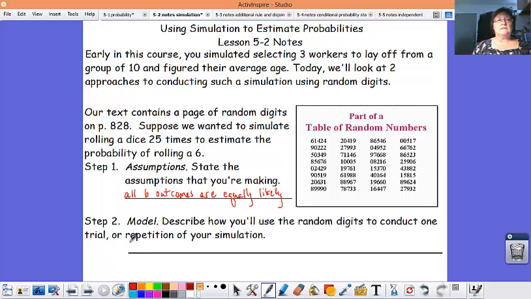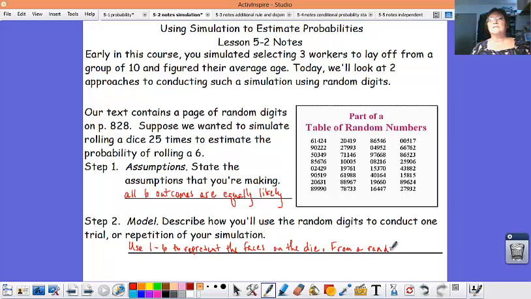We're going to use the digits 1 through 6 to represent the faces on the die, from a random starting point. And that's very important here.